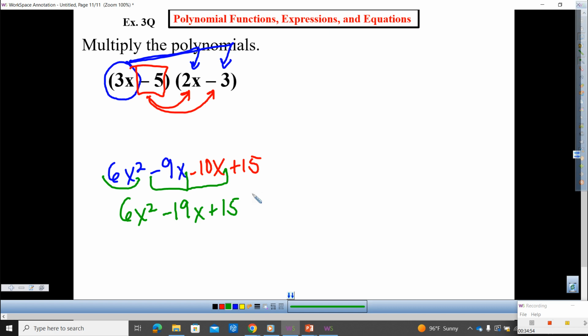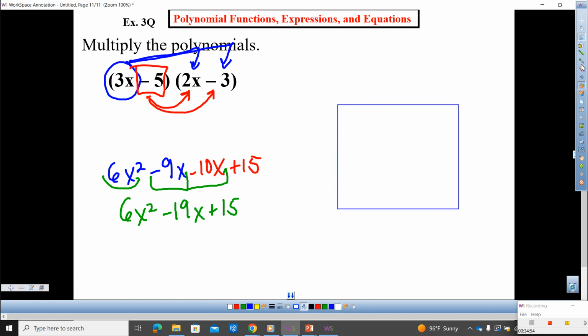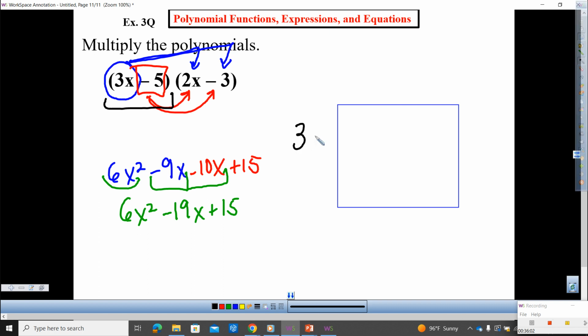How about the area model? Let's do the area model. Sketch your area. Let's see. Let's set this up. What's my first binomial? 3x minus 5. So I write the first term here, and then minus 5 underneath, and draw a line across.